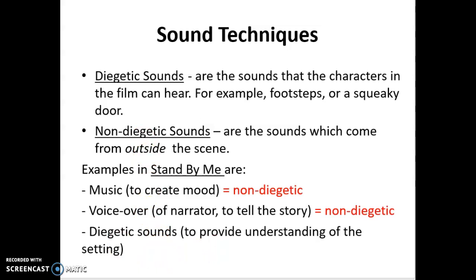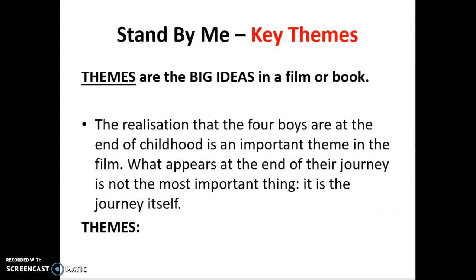Great. Now, before we finish this lesson, I want to talk about one more thing, and we haven't started to talk about these, but they are very important. They are the key themes that are in this film, because just as you studied themes in your novel at the beginning of the year, movies have themes, and they are the big ideas in a film or a book.